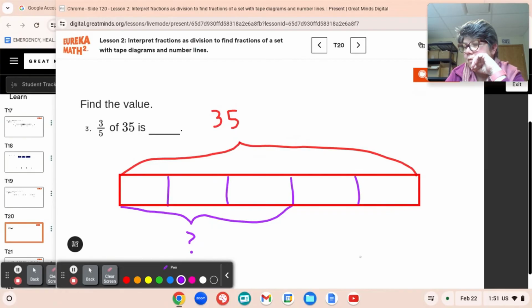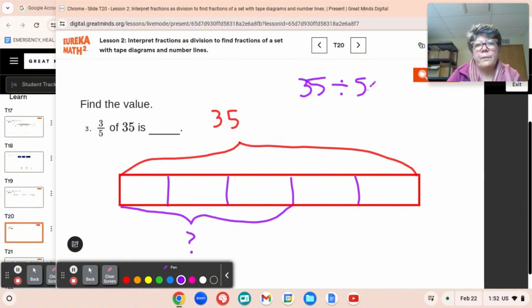3/5 of 35. So when we're thinking about 5 units, how can we find the value of one of these units? Can we think about a division problem? 35 divided by how many units? 5.